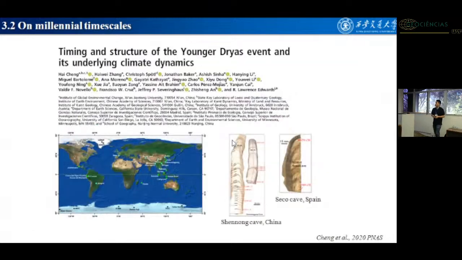This is another work where we use a very precise chronology from Cycle Cave, Spain, and also Shennong Cave from southeastern China to reconstruct the timing and structure of the Younger Dryas.